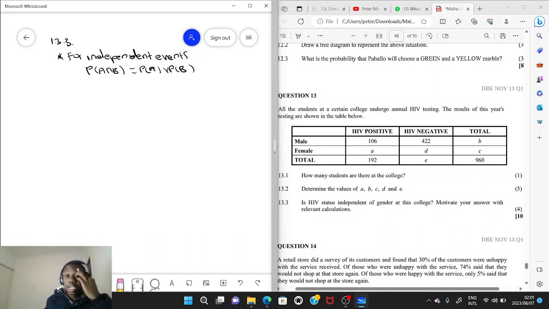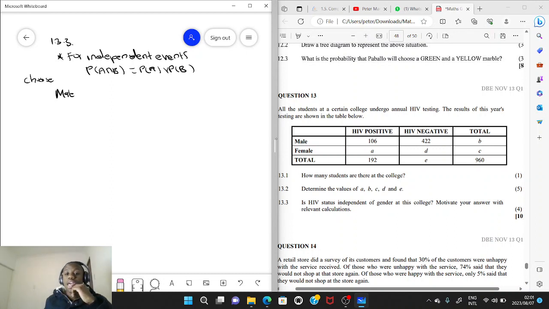And the same thing here. I'm going to choose a male who is HIV negative. You can choose whatever you want.